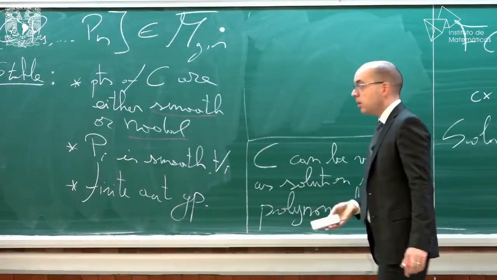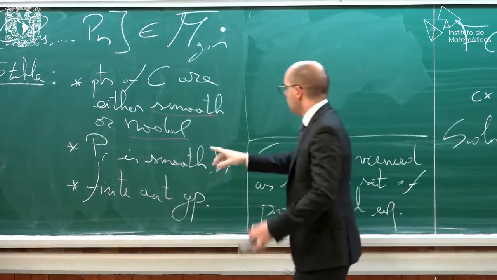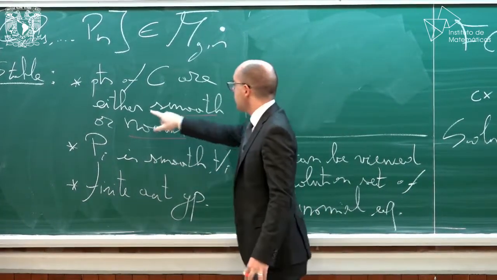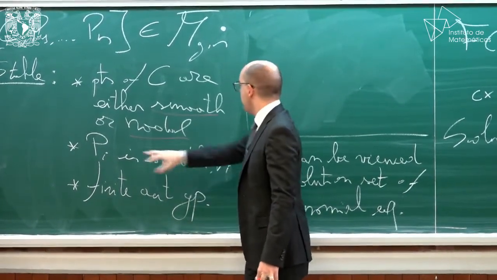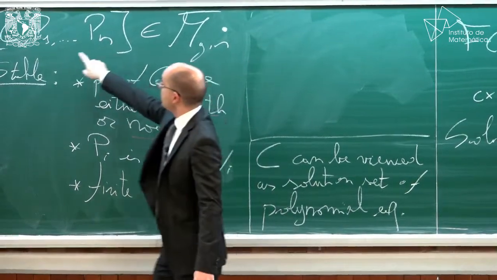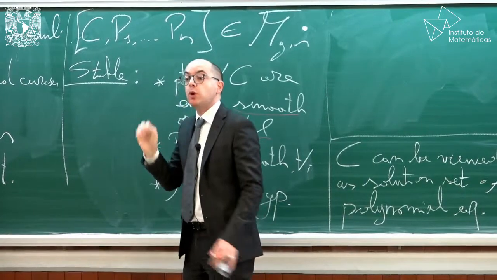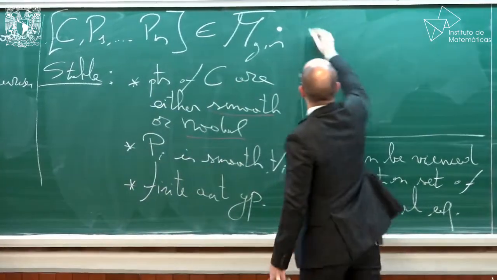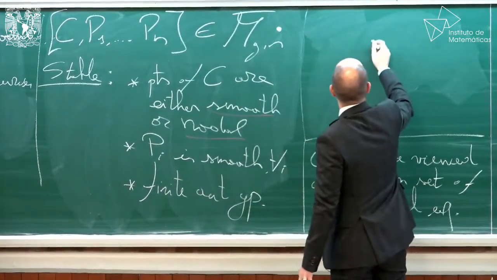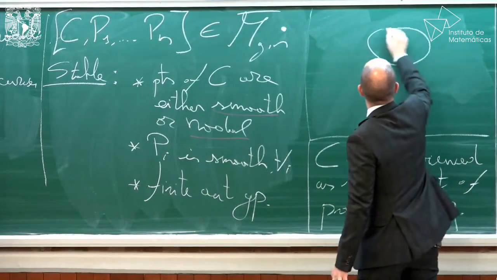Yes? What does it mean p_i is smooth? Once again, p_i is smooth. Remember, the p_i, the points that I'm considering together with the curve, I want them to be smooth points. So the way to think about C is the following.